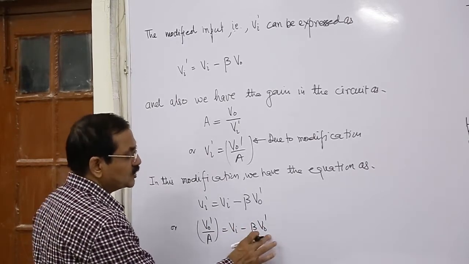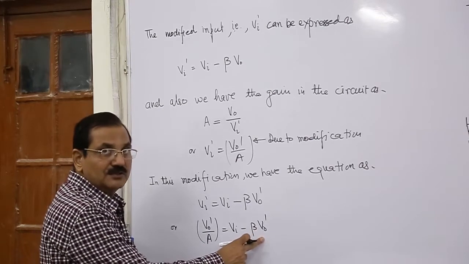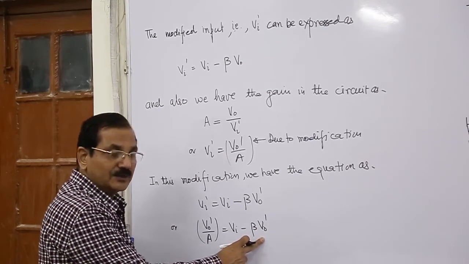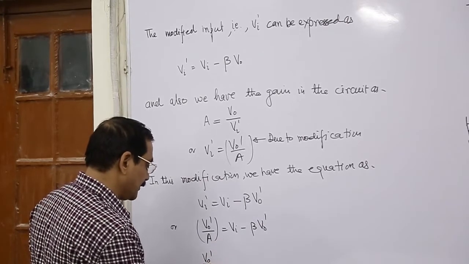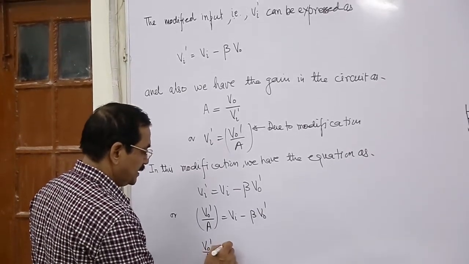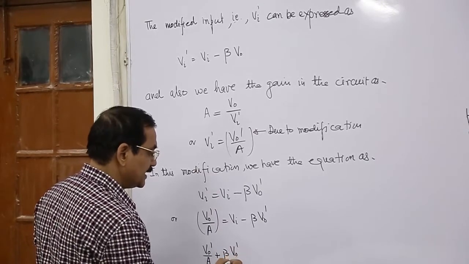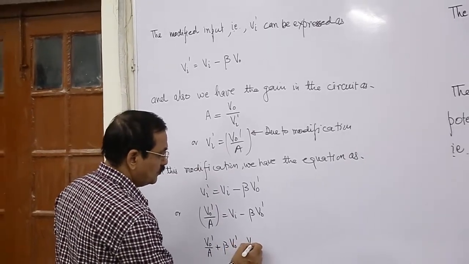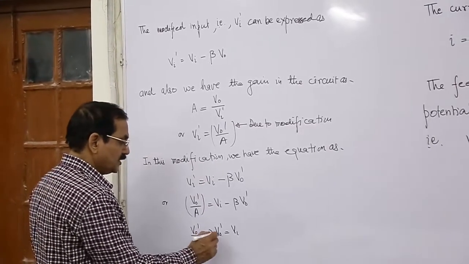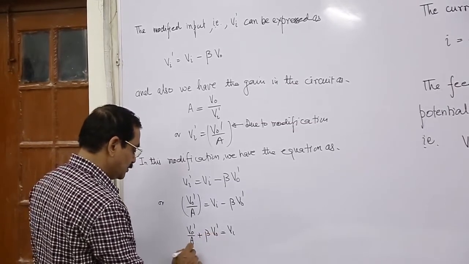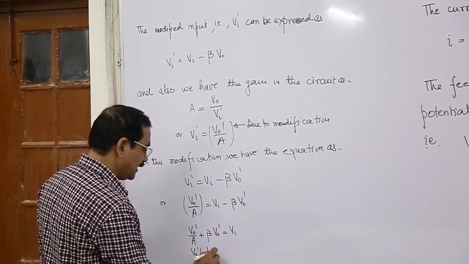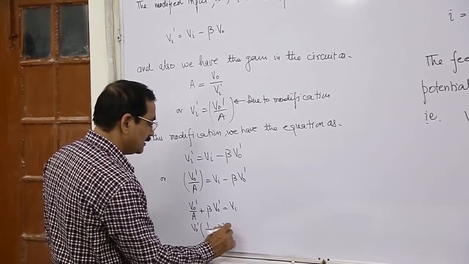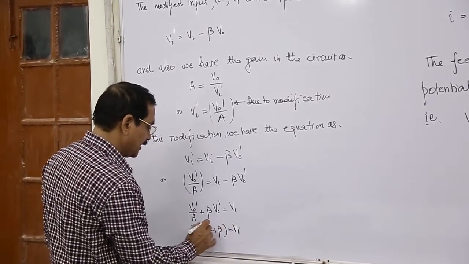So if we transfer this minus beta V0 dash from the right hand side to the left hand side, we have V0 dash upon A plus beta V0 dash is equal to Vi. Taking V0 dash common, this is 1 by A plus beta, equal to Vi.